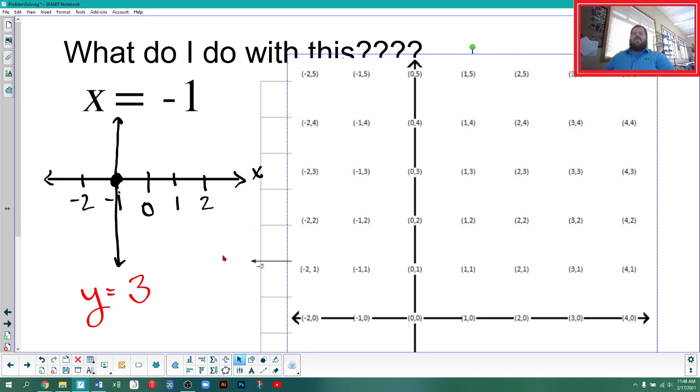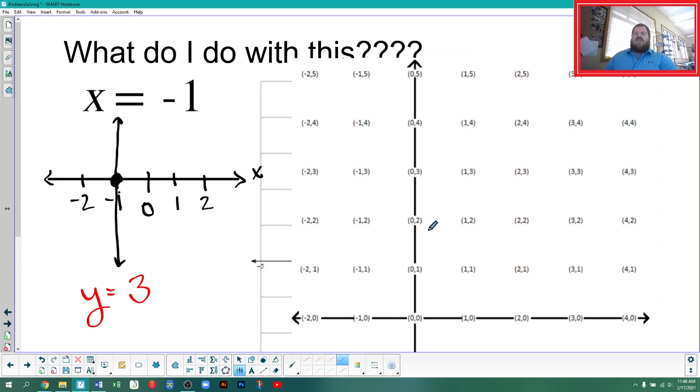I'm looking for every y value that has a +3. I think I said -3 before, but these y values are all +3, right? Those all have y values that are +3. So that line, instead of being vertical, even though it has the variable y, it's looking for all the y values that are +3.